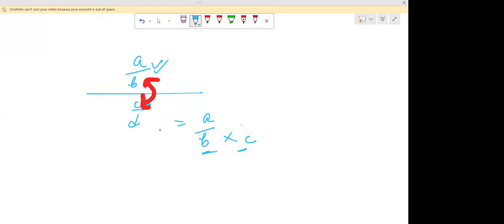So that means D has gone up, right? This is what we call reciprocate. ठीक है बच्चे? Okay. A by B has remained the same. A by B of C by D.